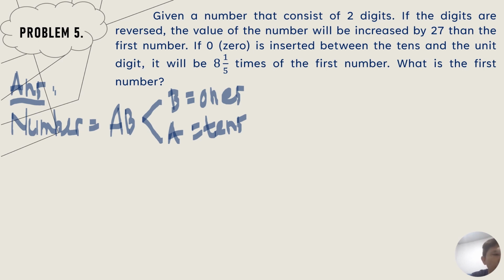Okay, and according to the information, AB equals 10 times A plus B, because A is tens and B is ones.